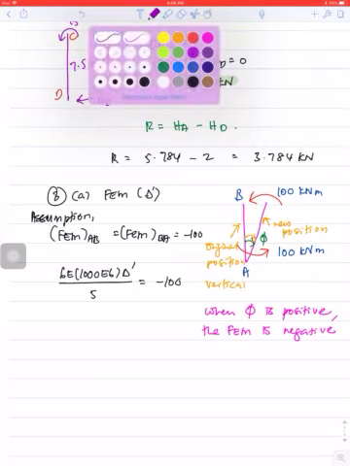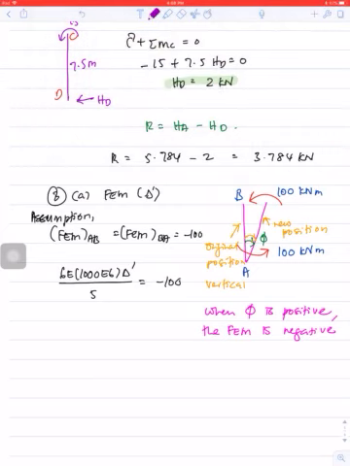The angle is positive, so we put positive here for the angle, bringing in the chord rotation.